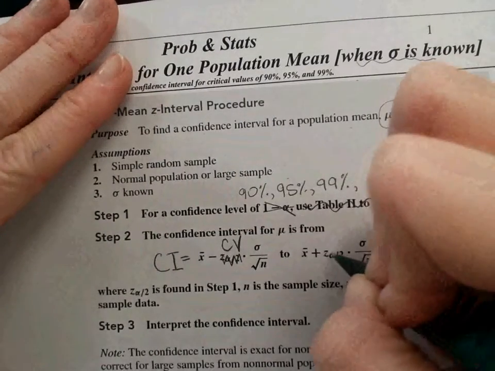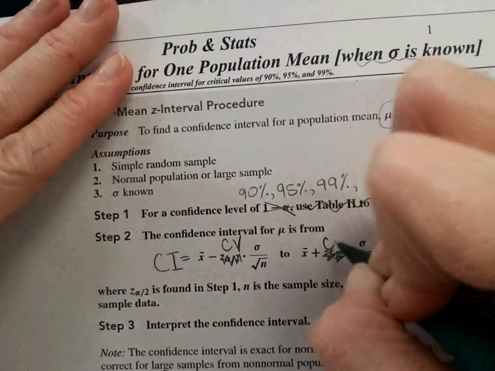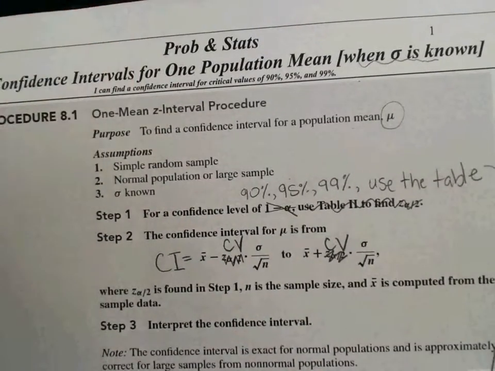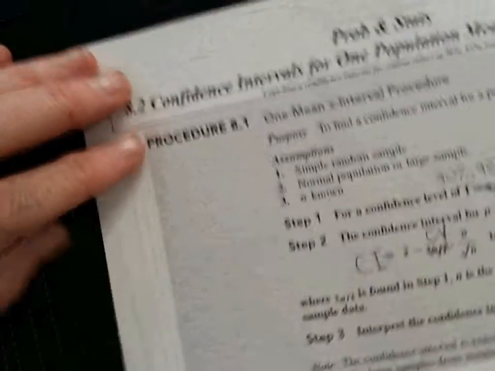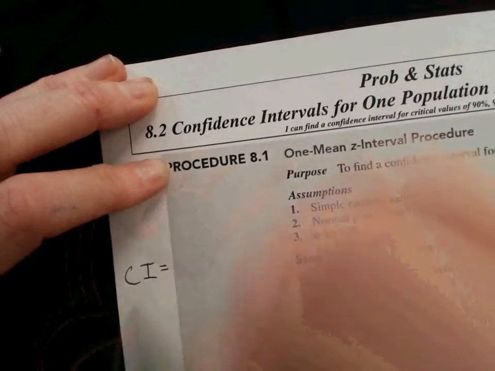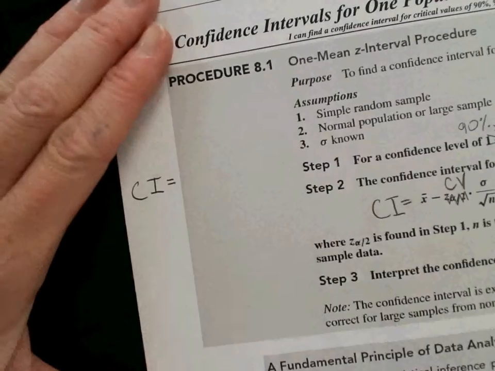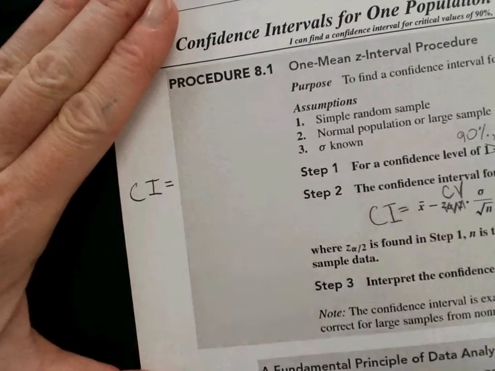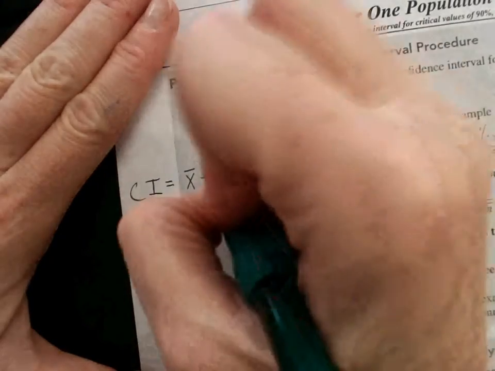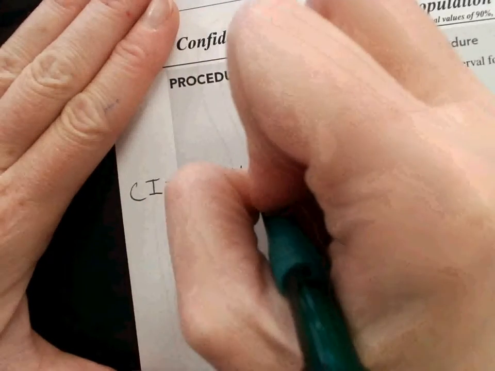And again, CV. But that's kind of ugly, so let's just write it out on the side. So there's actually 3 ways that we're going to refer to the formula for the confidence interval. The first is just x bar plus or minus CV times sigma over radical n.